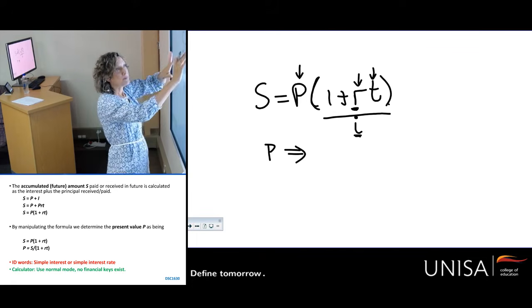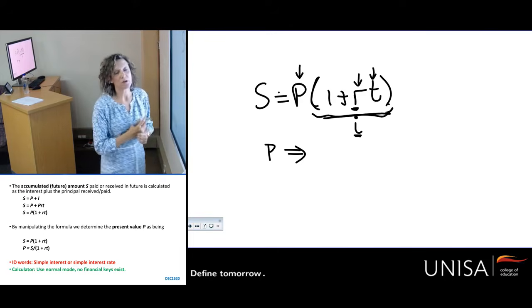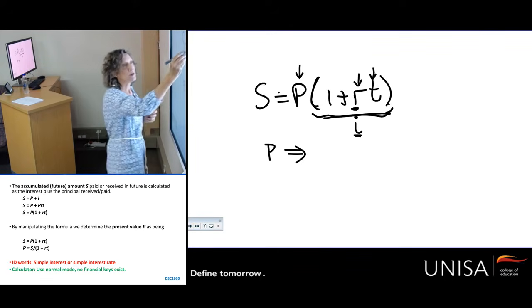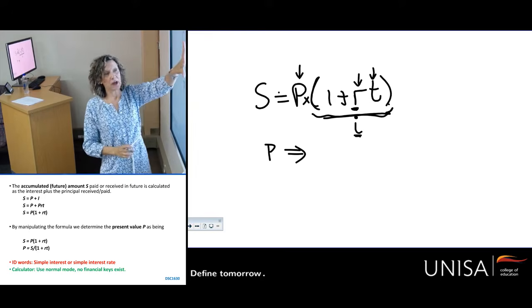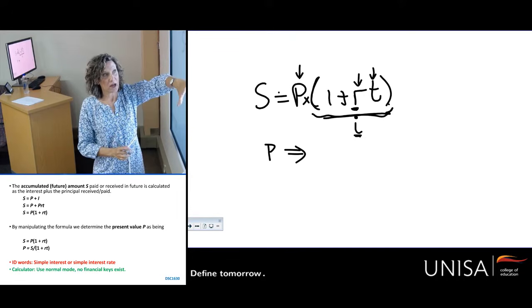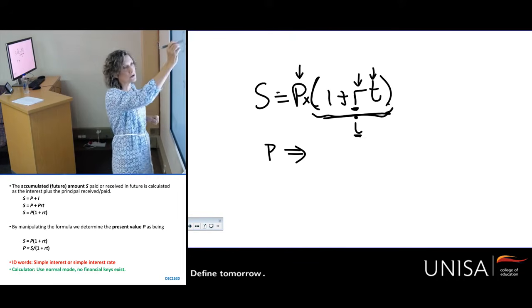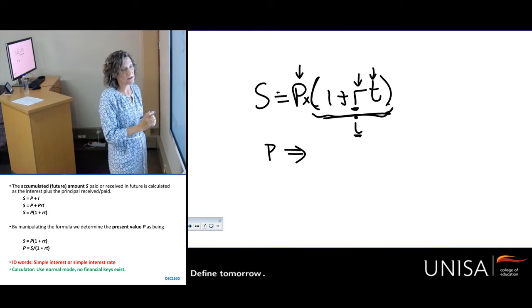Okay, the P we want on its own, so we want to take away the 1 plus RT. Now because it's P times (1 + RT), to take that away, we divide on this side, that will cancel out. But because of the equal sign, whatever we do on the one side, we need to do on the other side as well.